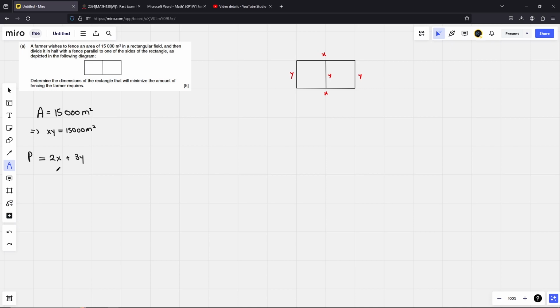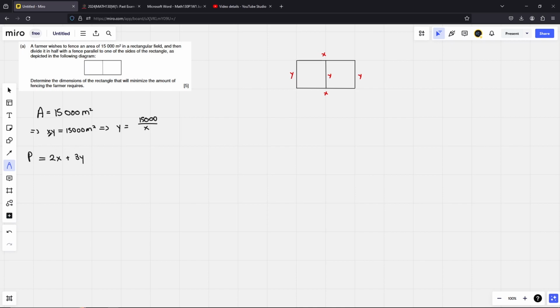Okay, but the question is, how do I minimize this? If I'm going to take the derivative of that, it's going to be in terms of x and y. Well, notice that I have two equations. I still have my area. So I can say that y is equal to 15,000 all over x.